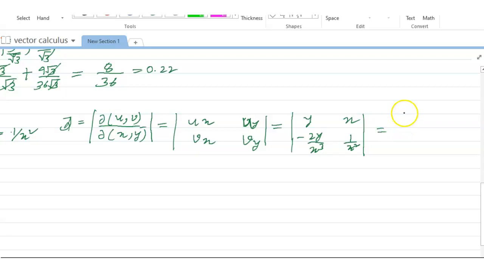The determinant equals 3y divided by x square, and y by x square is equal to 3v.